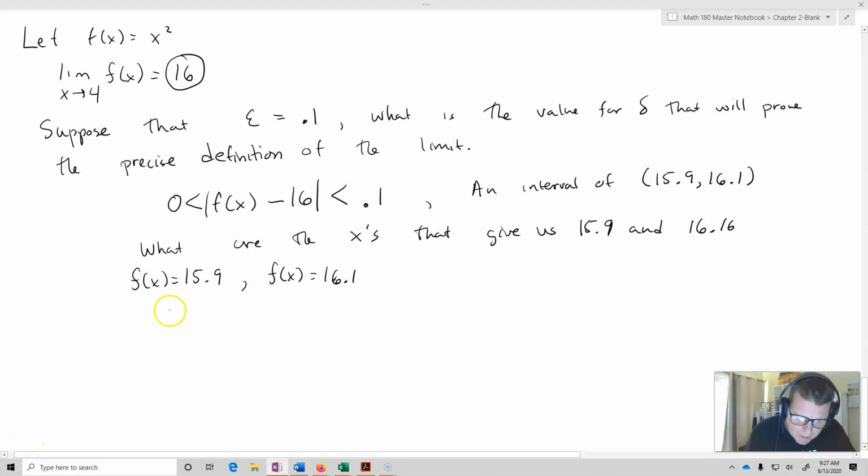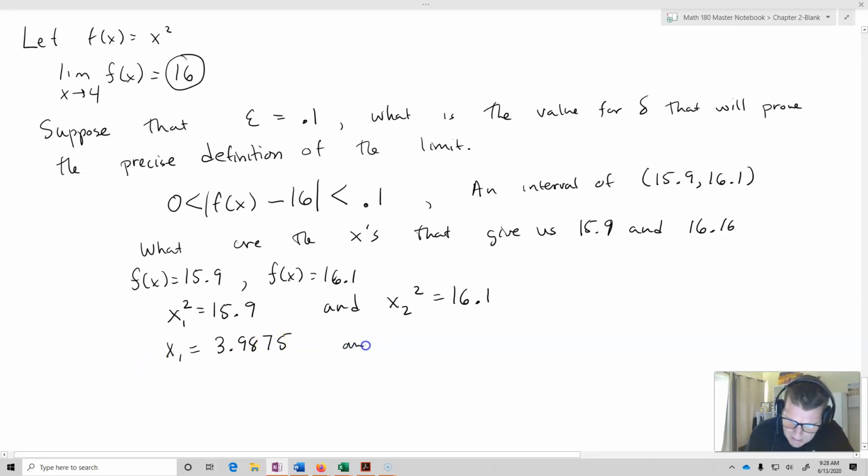This means that x1 squared will equal 15.9, and x2 squared will equal 16.1. So the bottom end of our open interval, x1, is going to equal 3.9875 when I go out to 4 decimal places, and x2 will equal 4.0125.